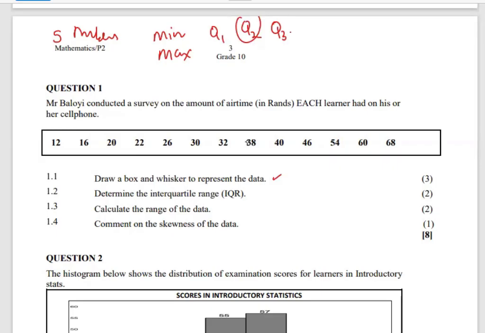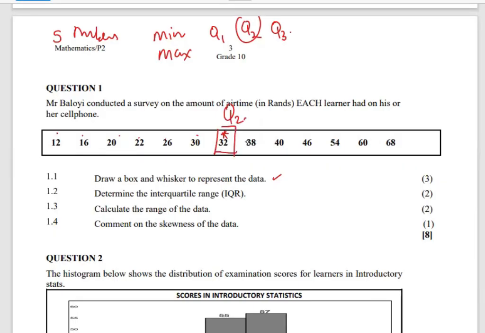Since we have 1, 2, 3, 4, 5, 6, 7, 8, 9, 10, 11, 12, 13 numbers, we need to find the middle number. Half of 13 leads to position number 7: 1, 2, 3, 4, 5, 6, 7. So this becomes your Q2.